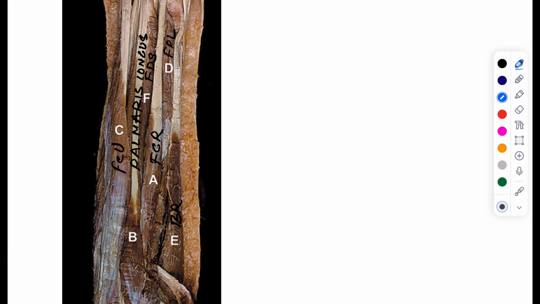Suppose these are the phalanges, and this is the terminal phalanx. There is a series of fascial coverings that anchor the tendon to the bony skeleton. In the fingers these are the annular pulleys, A1 to A5, and cruciate pulleys.